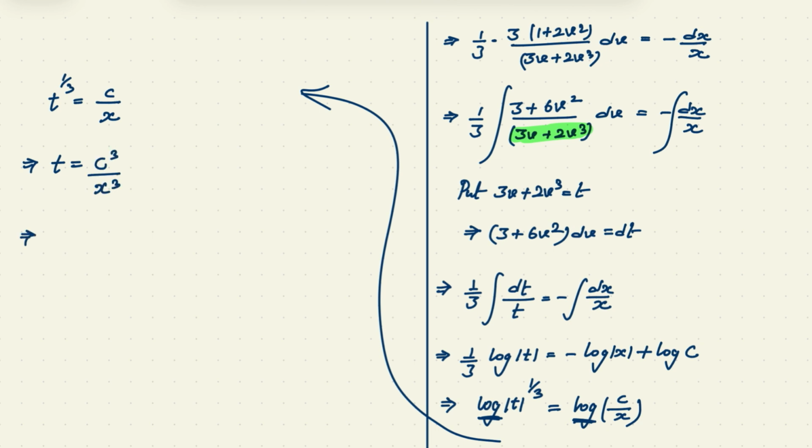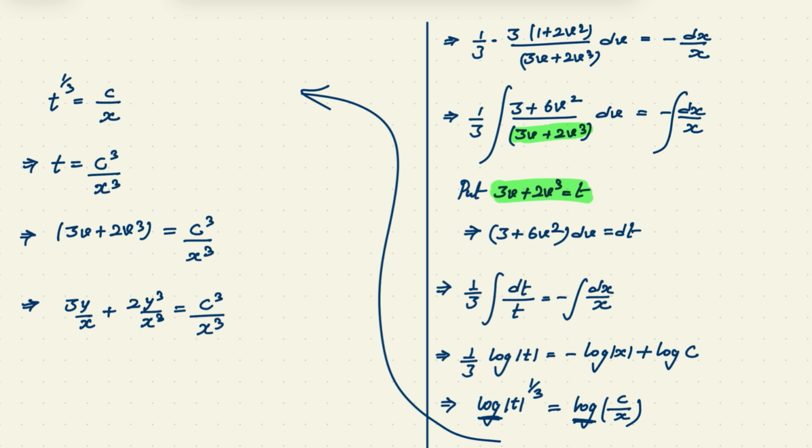Now let us put back the value of t, that is 3v plus 2v cube from this equation equals to c cube by x cube, and putting back the value of v, that is y by x, we will have 3 into y by x plus 2 into y cube by x cube equals to c cube by x cube.